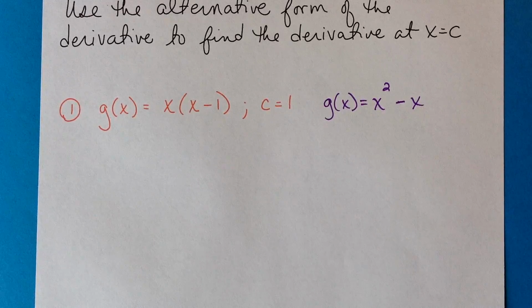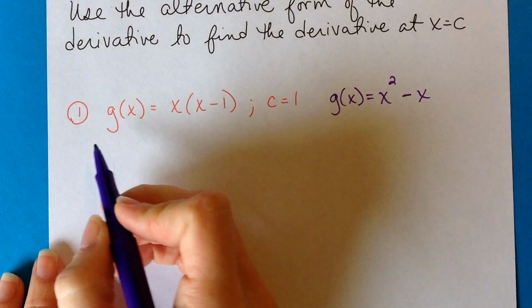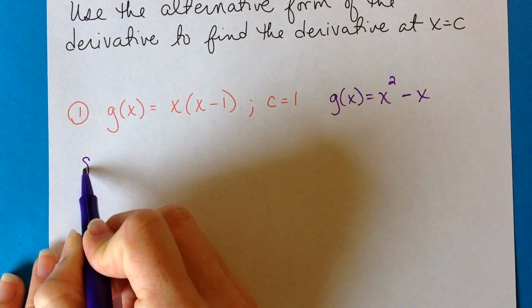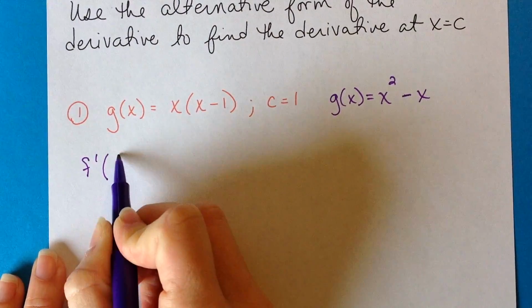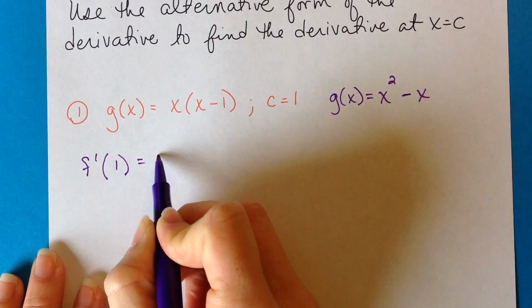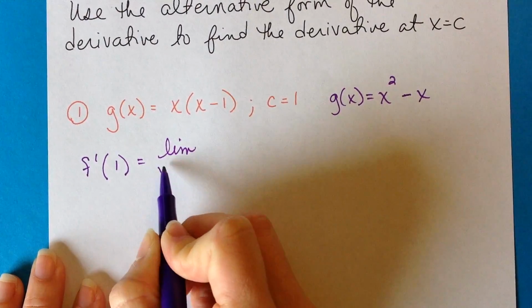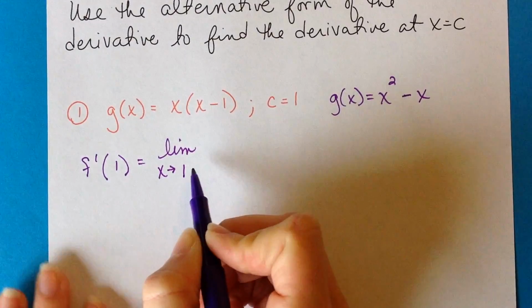So because of this, we're still going to use the alternate form, but we're just going to set it up and write it out as if it were just a two-sided limit. So what we have here is this derivative. Of course, our c value specifically is 1. So we would have the limit as x approaches 1.